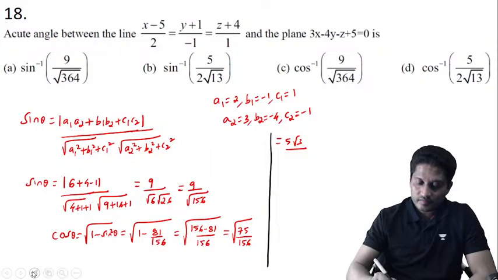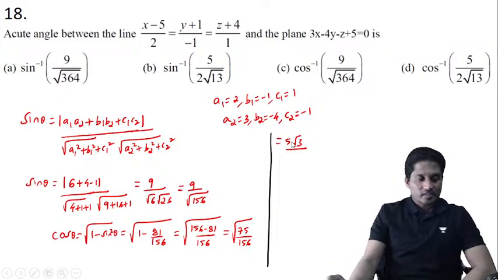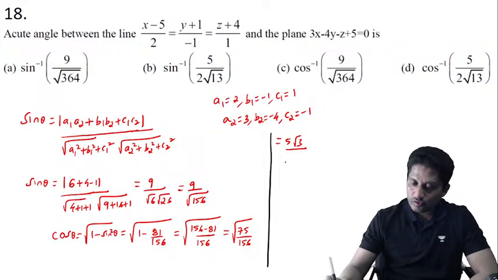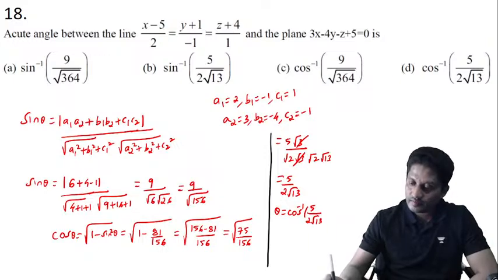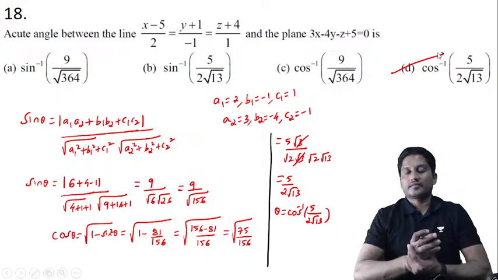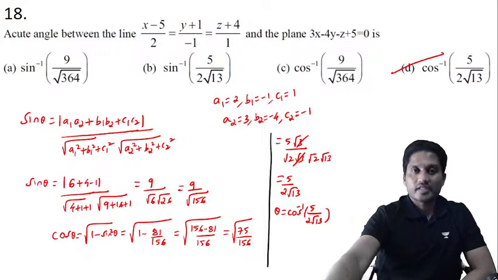And root of 156 can be written as root 2 into root 3, into root of 13. Root 3 will cancel with root 3. So you get 5 divided by 2 root 13. So theta is equal to cos inverse of 5 divided by 2 root 13. Answer is option D. Right? Let's move to the next question.